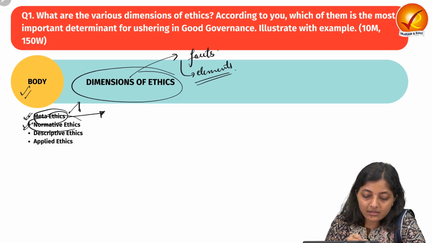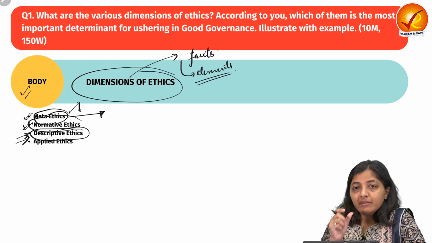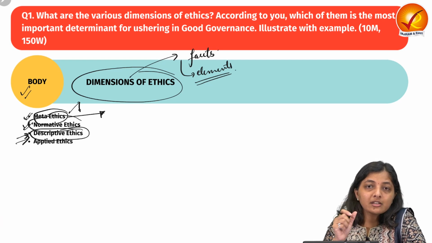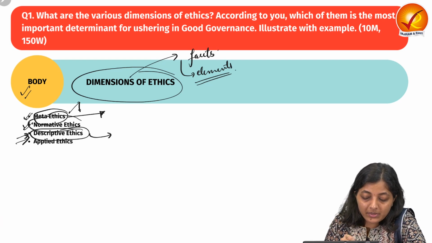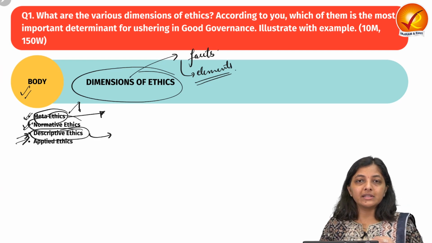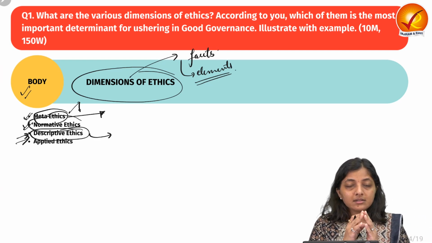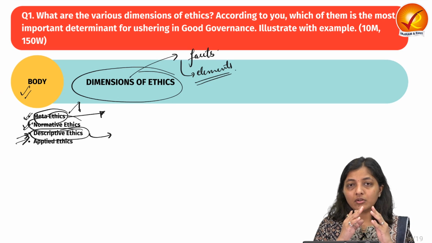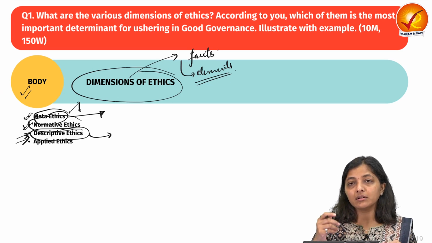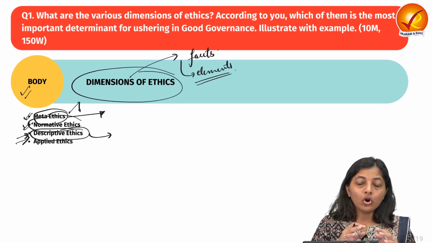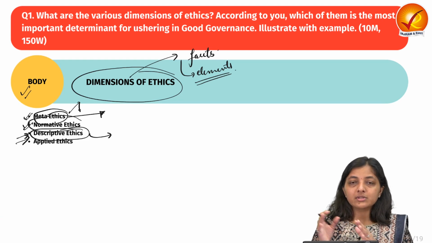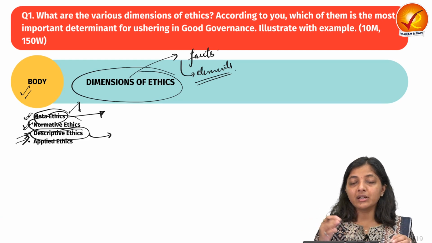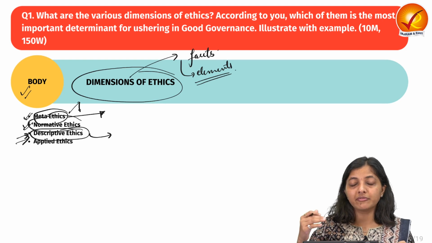The next is descriptive ethics. Descriptive means description. This dimension of ethics does the major surveys and observations, finding empirical observations of how societies, different cultures and different communities behave.